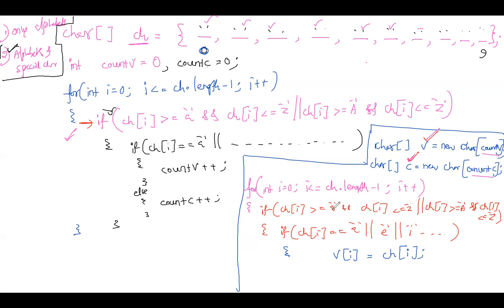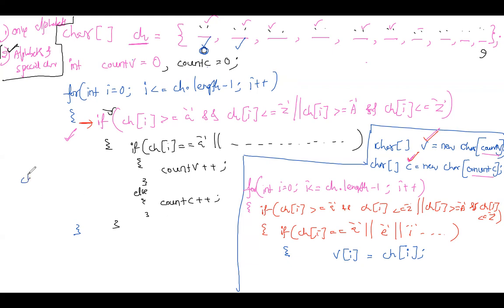No, we can't use. What's the problem if I use i? For example, the 0th element is a vowel. Which array will it be copied into? V array. Assume the first element is a consonant. It will be copied into which array? Consonant array. In which position? First position. But it's in the consonant array, so what will be there in the first position? Empty, right? Are you getting me?